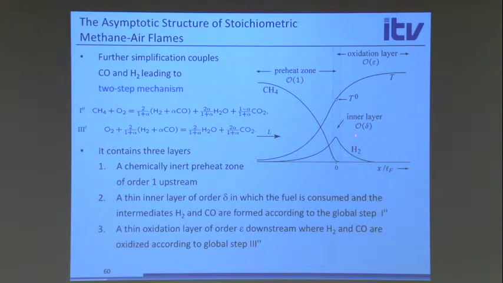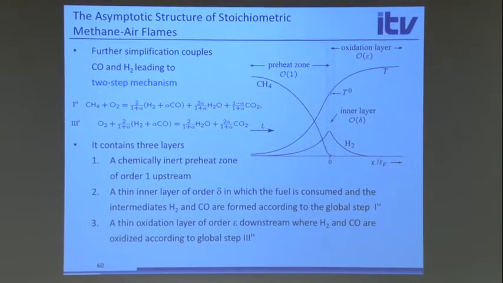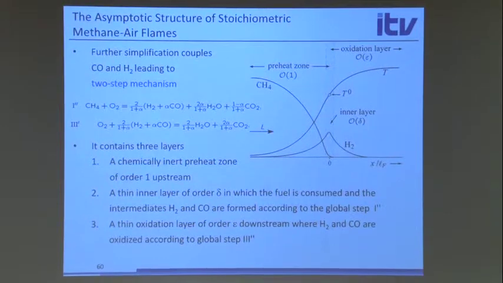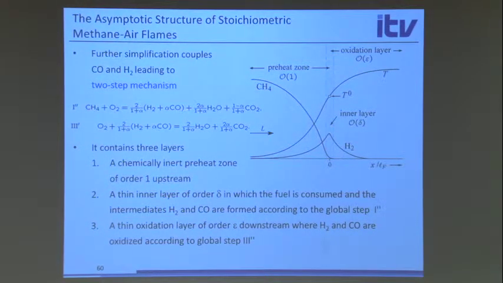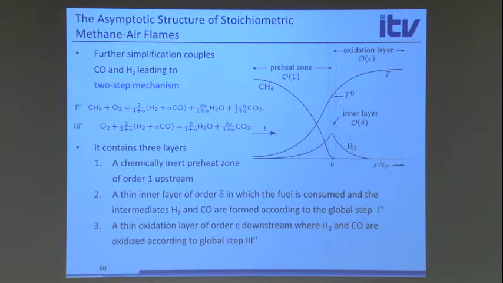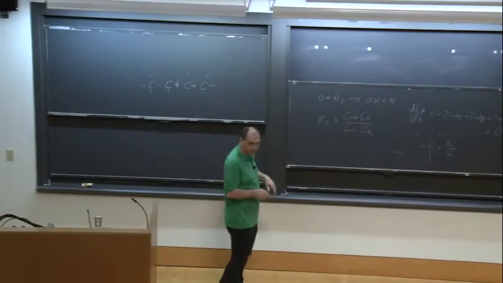And then you have an oxidation layer, which is much slower, where this reaction happens, okay? So if oxidation was much faster than this first reaction, then you wouldn't see this layer. It would be a part of this, right? It wouldn't form an extra layer. And that's what these other reactions do. That's why you don't see them anymore.